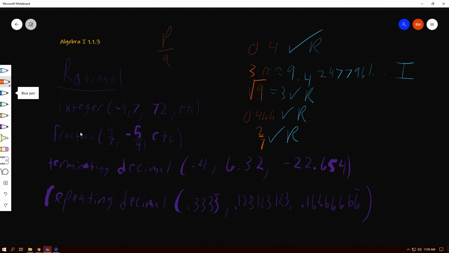So the very basic level of this is a rational number is any number that can be written as a fraction, and then Apex will always use P over Q generally. So if they have a question like what type of number can be written as a fraction P over Q, well that's a rational number because it can be written as a fraction. And then we always have to remember that we can't divide by 0, so Q would have to be a non-zero integer.